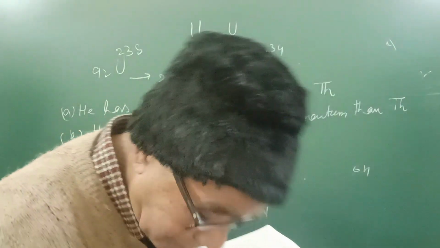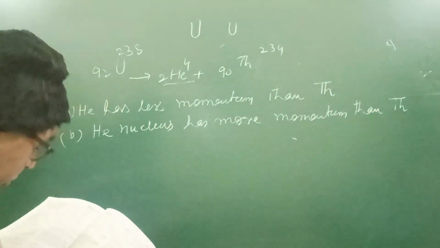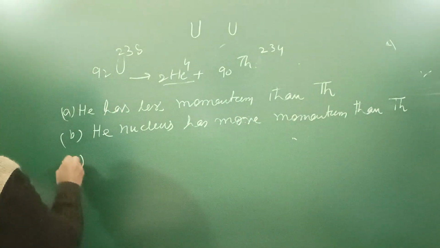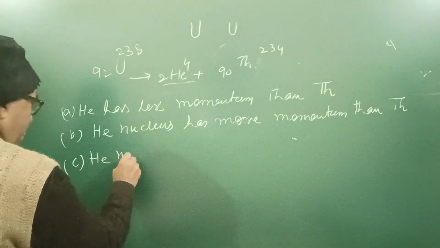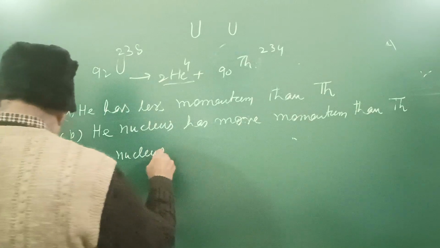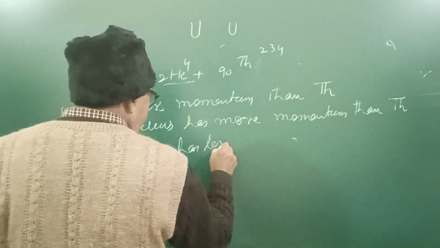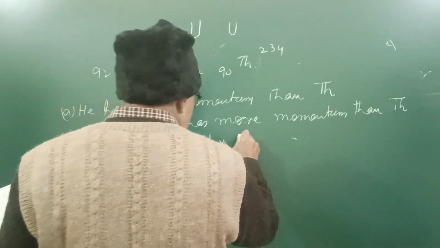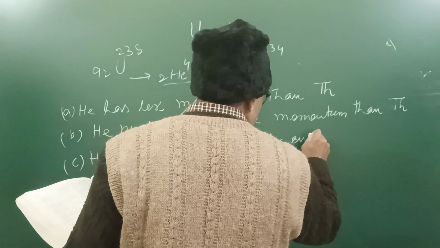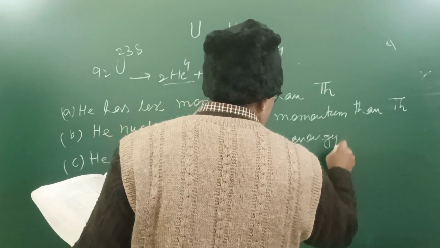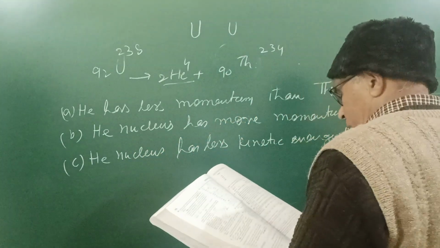C option: helium nucleus has less kinetic energy than thorium.